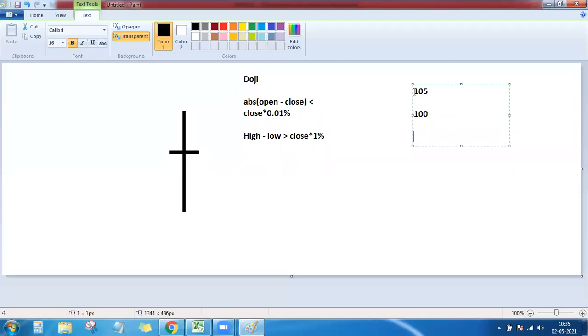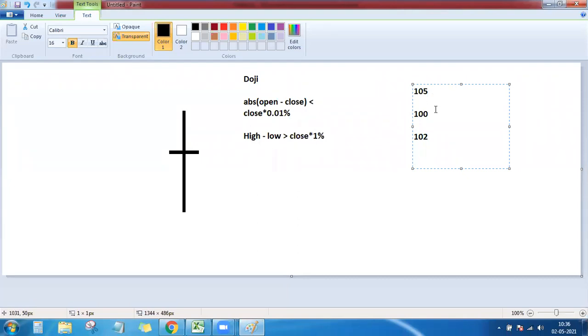So we want this, and the closing price is around 102. So this height of this doji, it should not be very low. It should not be a very low distance between the high and low. There should be a meaningful distance, means the range made by the stock on that day should be at least 1%. This is what we are trying to achieve with this second condition.